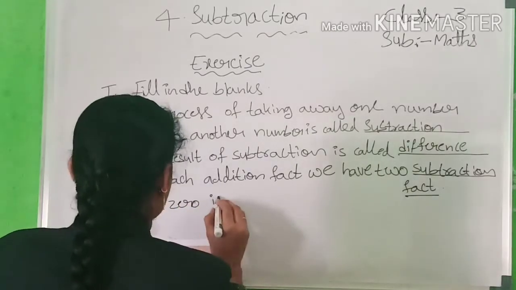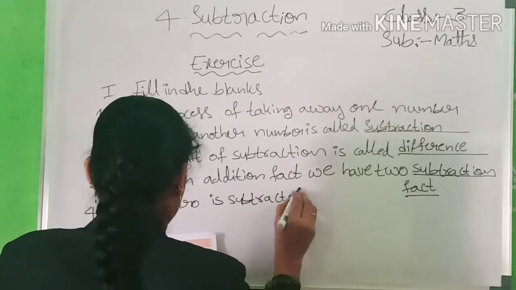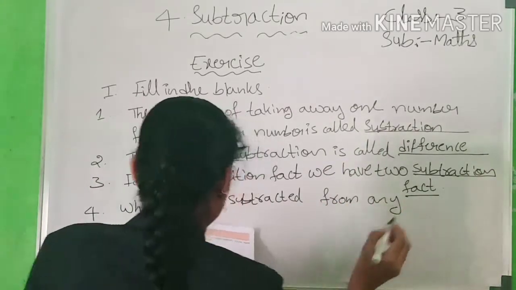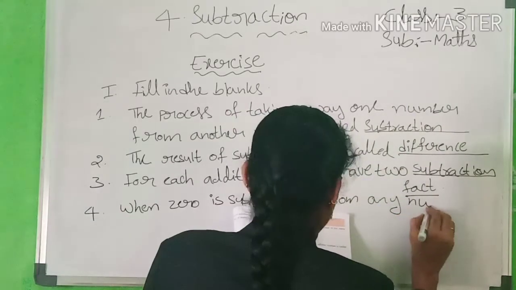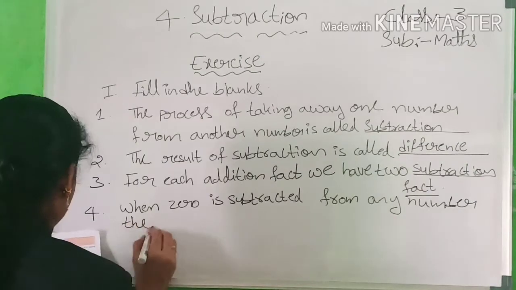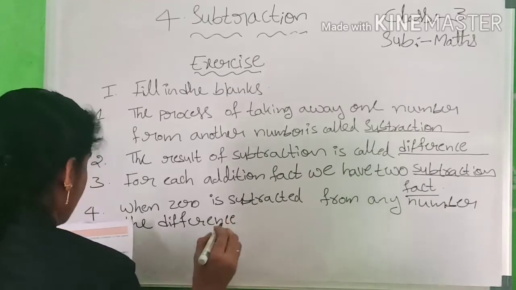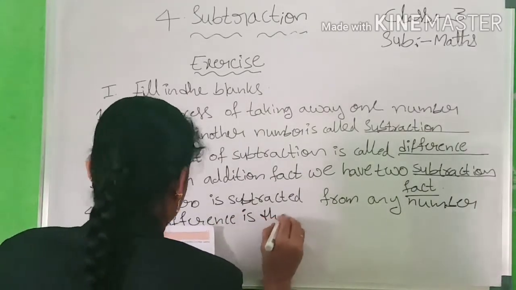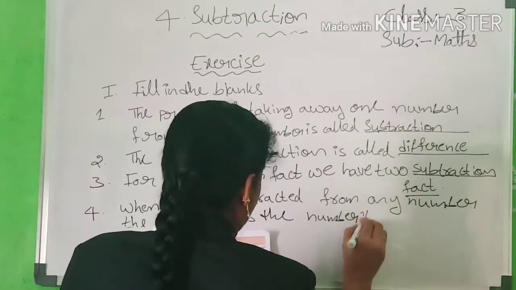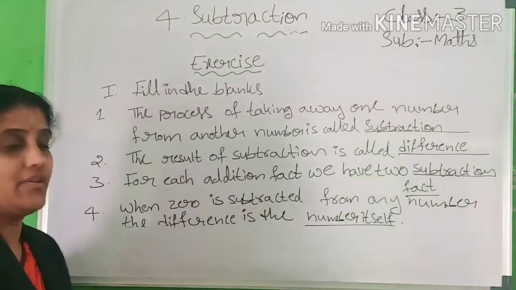When 0 is subtracted from any number, the difference is the number itself. The number itself. Okay, children.